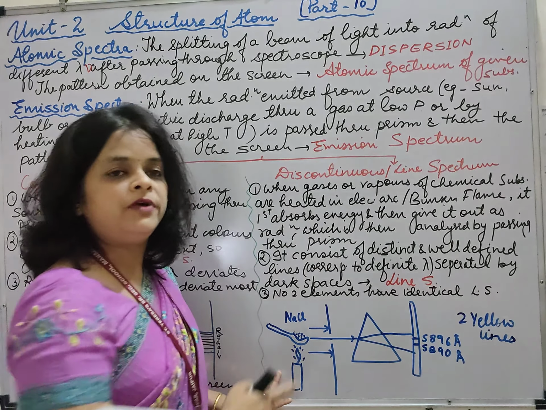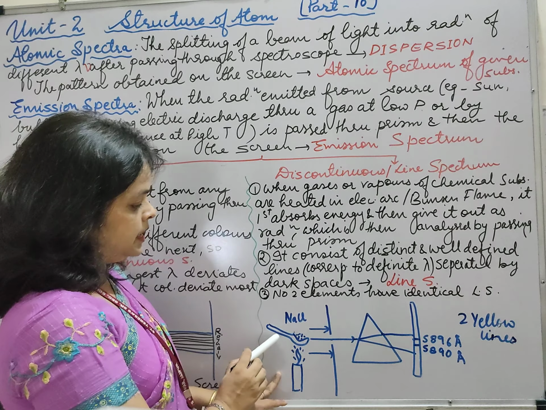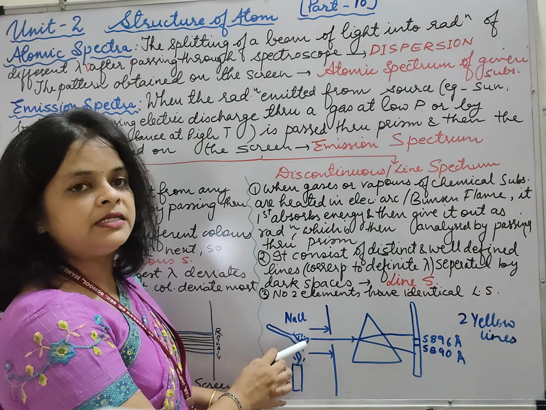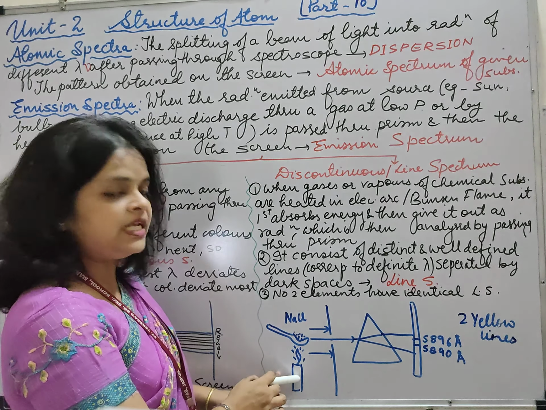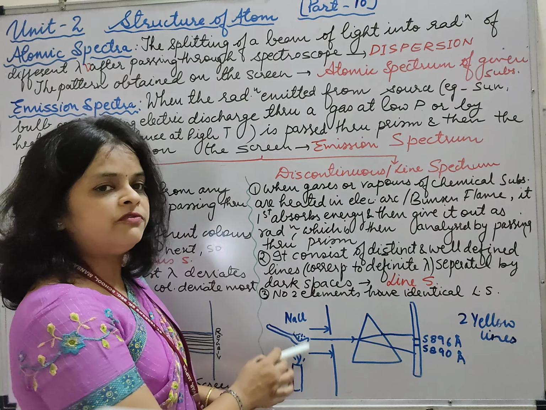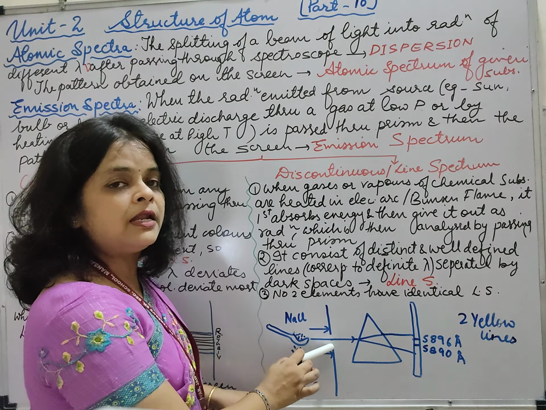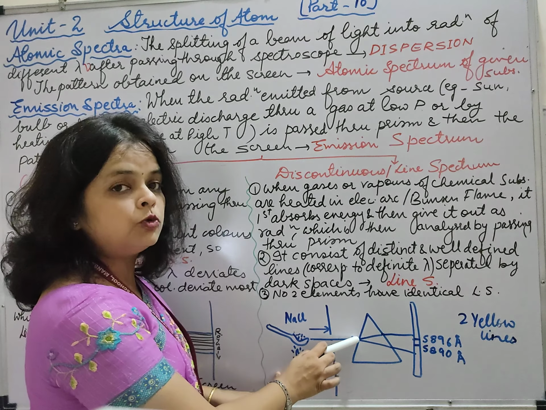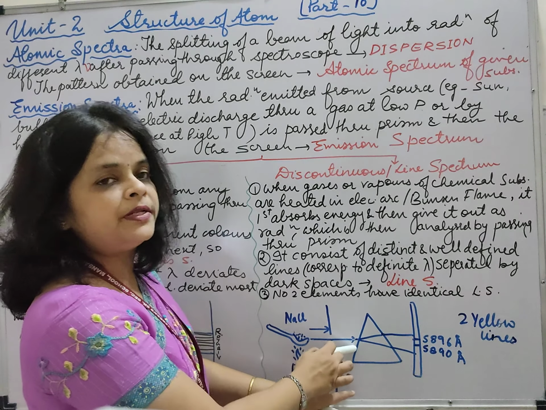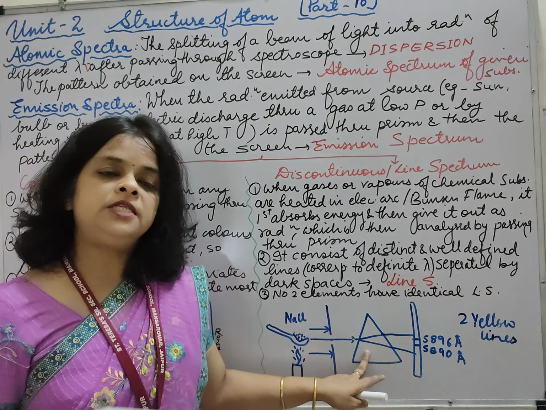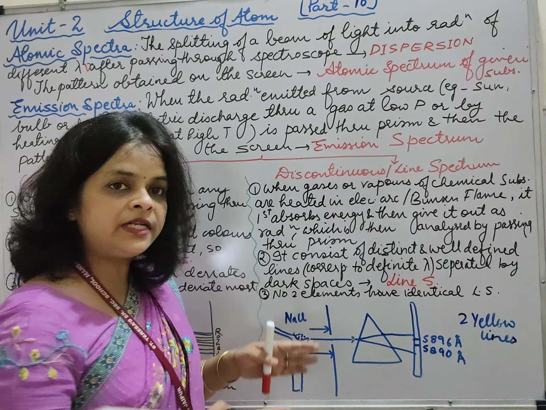Just see the diagram over here students. Here I had taken the NaCl salt, and when it is heated up, the vapors of the NaCl are heated up, then the radiations are emitted. Now one of the rays of this radiation is allowed to fall on the prism. Now on the prism dispersion takes place, splitting will take place.